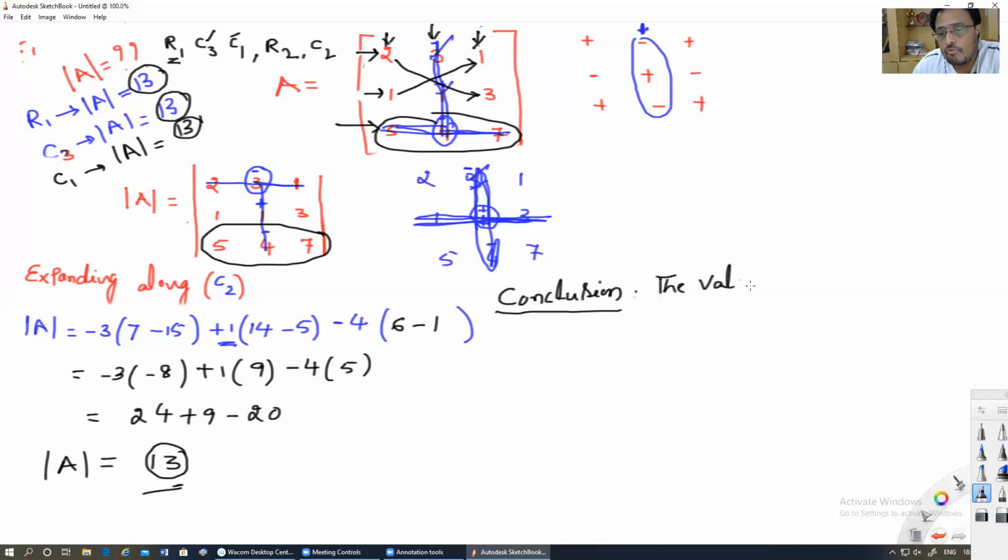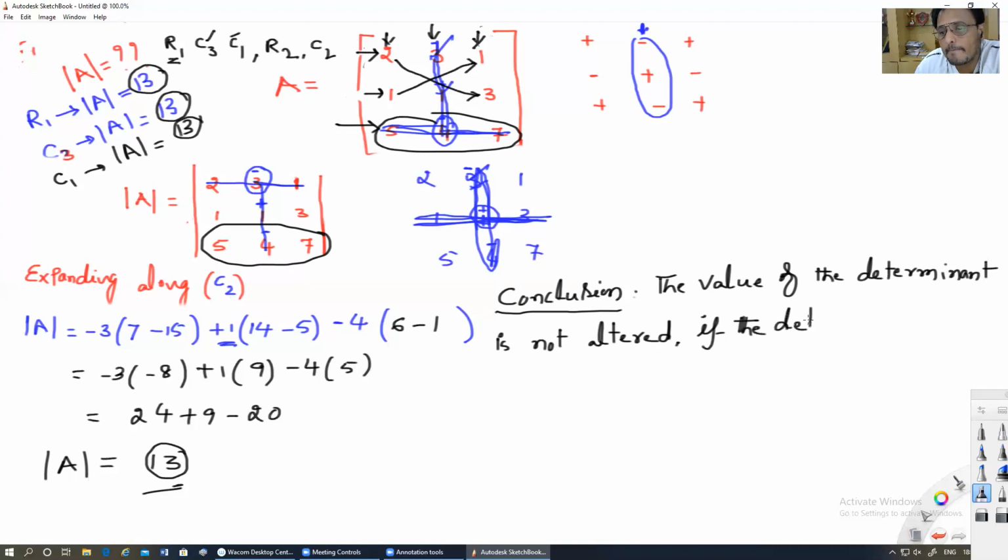The value of the determinant is not altered if the determinant is expanded along any row or any column.